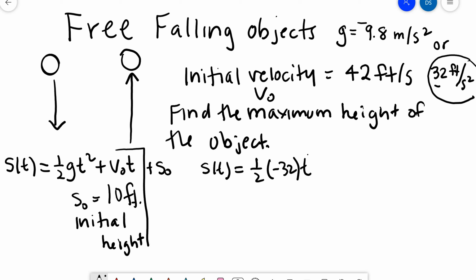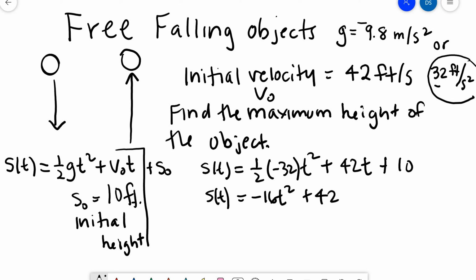Okay, t squared plus, and the initial velocity we said was 42 t, plus the height, 10 feet. So we have s of t equals negative 16 t squared plus 42 t plus 10.